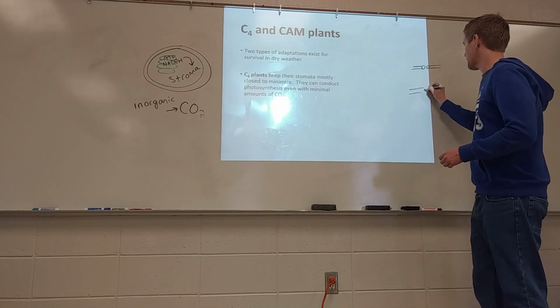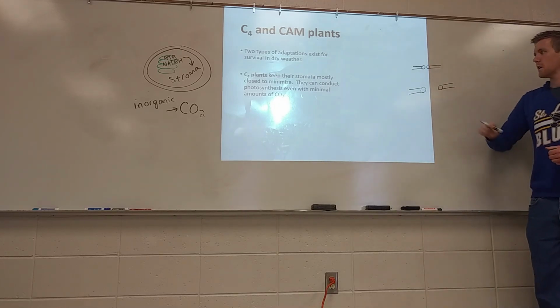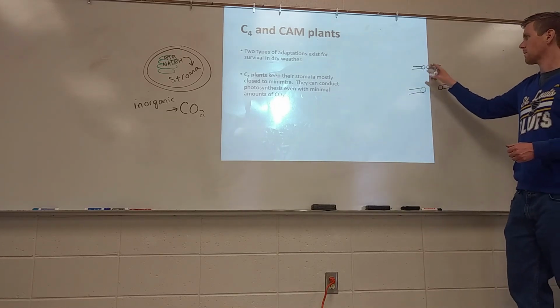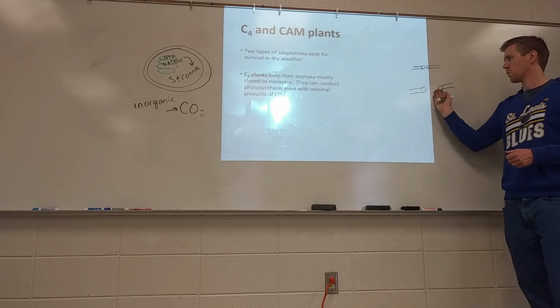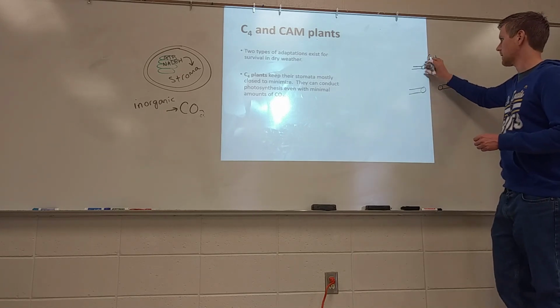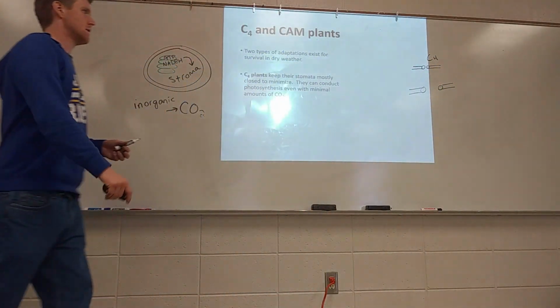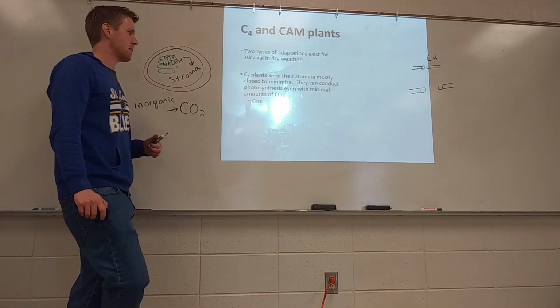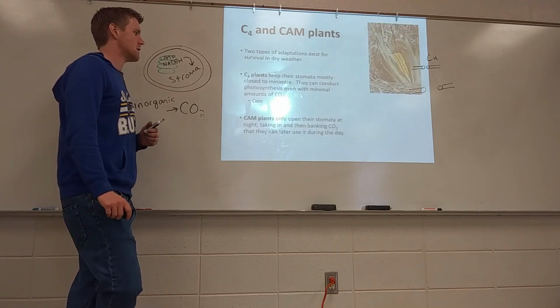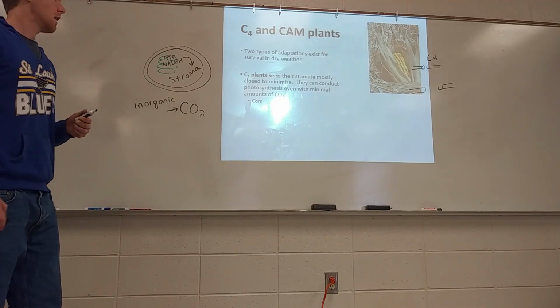And then we've got one here that has to leave quite a bit of space between in order to function. If you can have barely any space open, you're not going to lose a lot of water compared to this wide open stoma here. So C4 plants are able to keep their stomata more tightly closed. Corn and many species of grasses fall into this category.